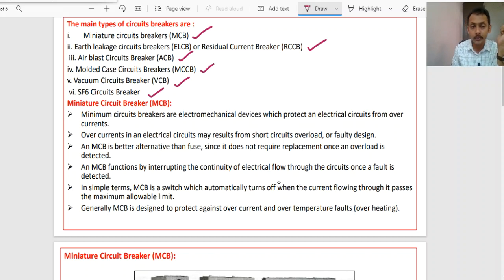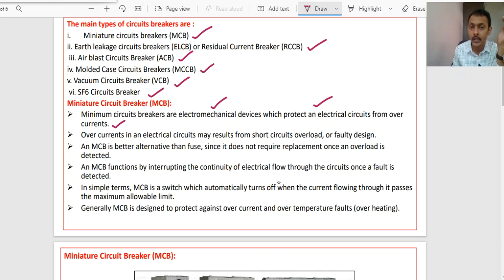Now in this video we are going to discuss the miniature circuit breaker. This miniature circuit breaker is an electromechanical device which protects electrical circuits from overcurrents. If any overcurrents arise due to a fault, the equipment will get protected with the help of the MCB.